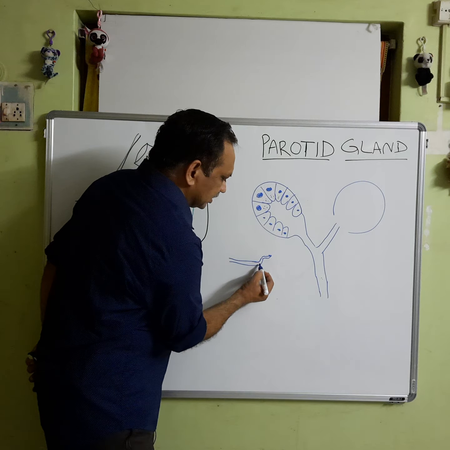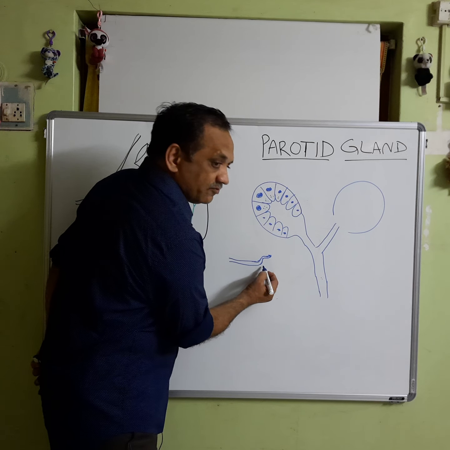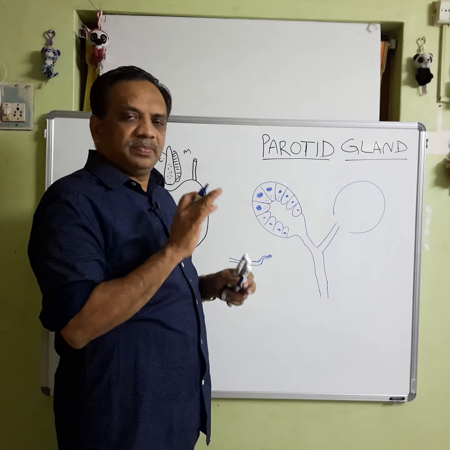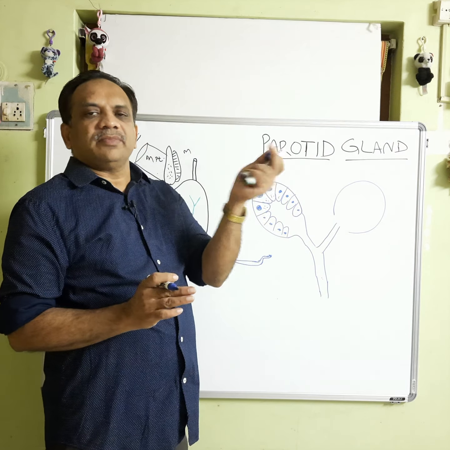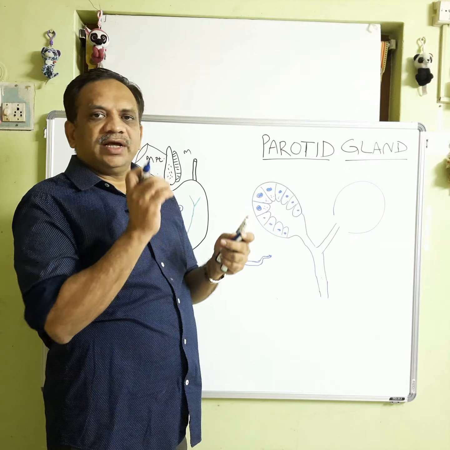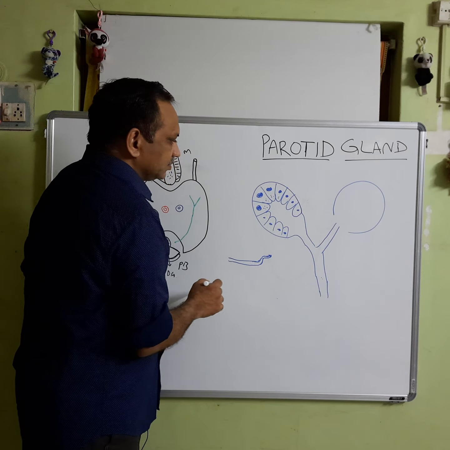So, this curve acts as a valve. It acts as a valve to prevent the entry of any food or fluid from the mouth and also air during blowing. So, this is about the parotid duct.